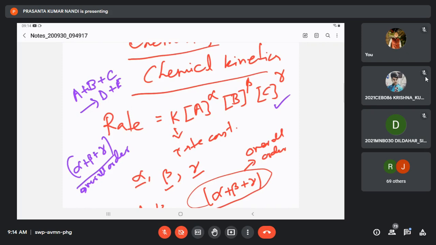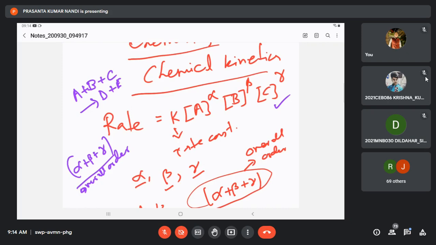So basically it is an experimentally determined quantity. And sometimes, in rare cases, it can also be guessed based on some theoretical models, and from the rate law we can also guess what the overall order of the reaction should be.